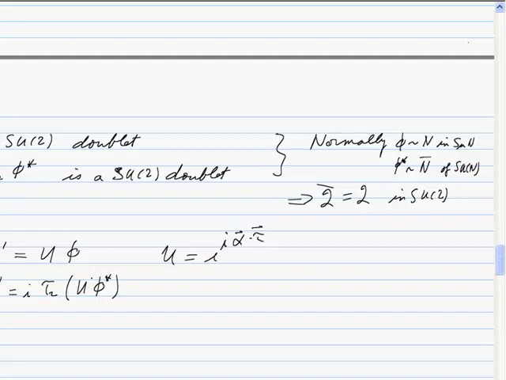And it's u star, of course. It's u star phi star, which is, so let's do tau 2 u star tau 2 i tau 2 phi star.